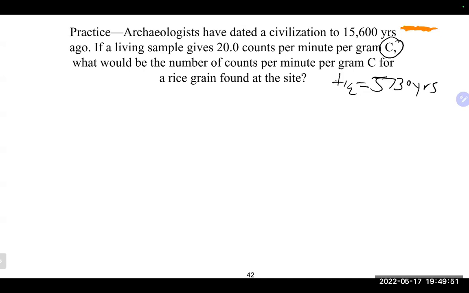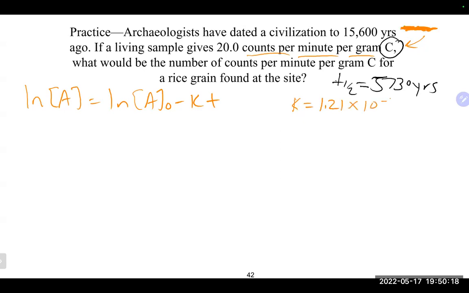One more time, we have another unit of radioactive decay, counts per minute per gram of carbon, a little different than disintegrations per minute per gram of carbon. So we're going to use our equation here. We will also need to use our half-life equation, but since it is carbon, it will come out the same as on the previous problem, which was 1.21 times 10 to the minus 4 reciprocal years.